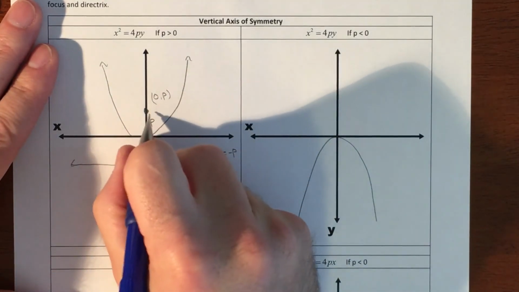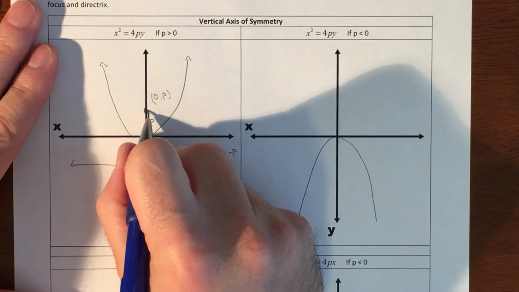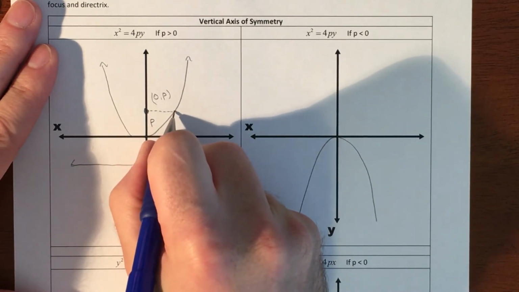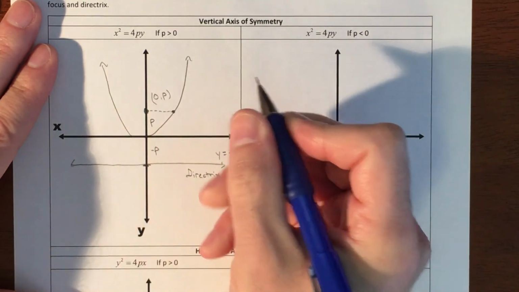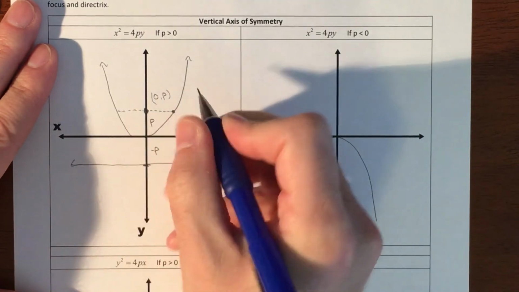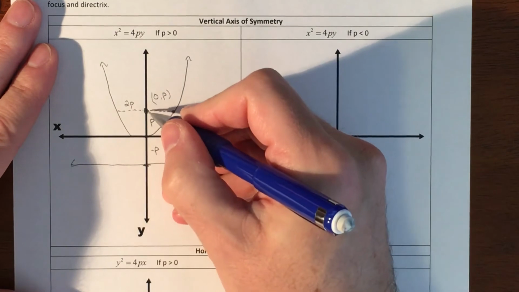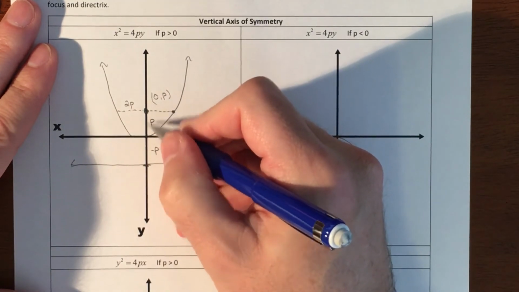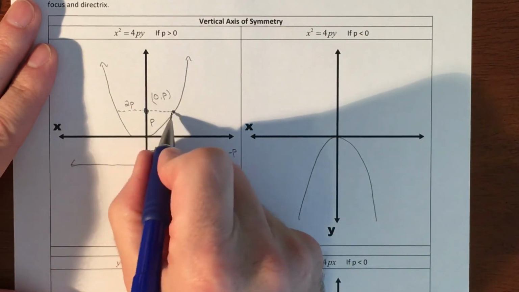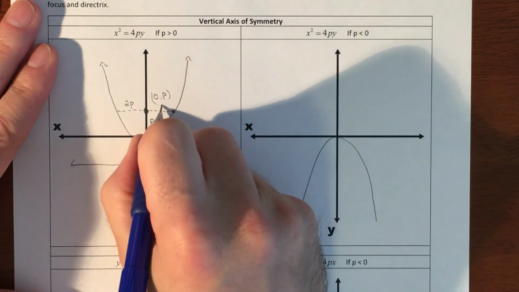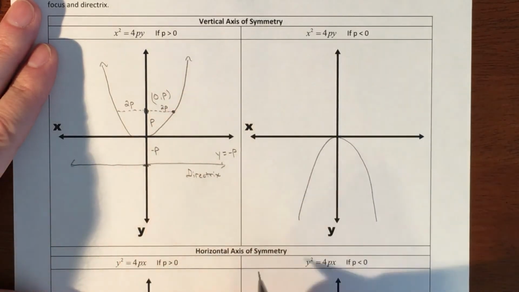Now, one of the interesting things about this is this distance from here horizontal out to a point in either direction is going to be 2p. So whatever that distance up was, if that distance is 3, this distance will be 6, and this distance will be 6. So both of those two distances will be 2p.